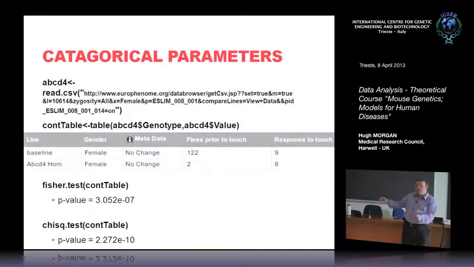This gets it into a long list of values. Before analyzing it, I get it into a contingency table, which makes the data look like this. And there are two basic tests that are used to look at categorical variables currently in the phenotyping databases I've shown you.